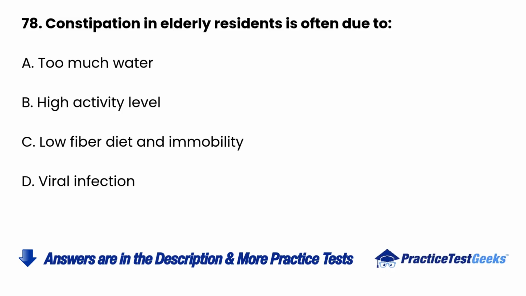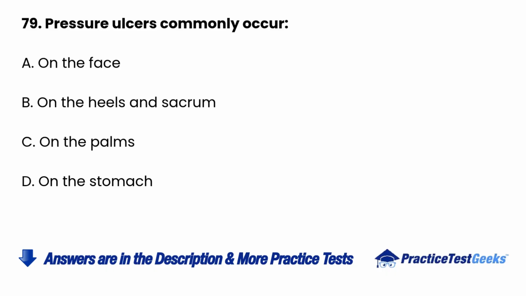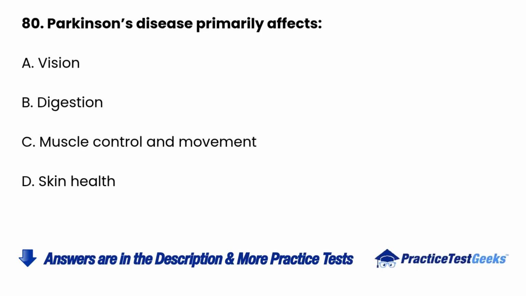C. Low fiber diet and immobility. D. Viral infection. 79. Pressure ulcers commonly occur: A. On the face. B. On the heels and sacrum. C. On the palms. D. On the stomach. 80. Parkinson's disease primarily affects: A.